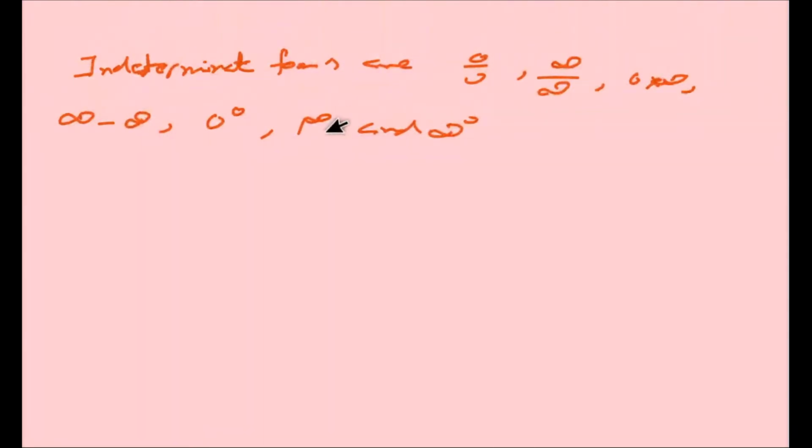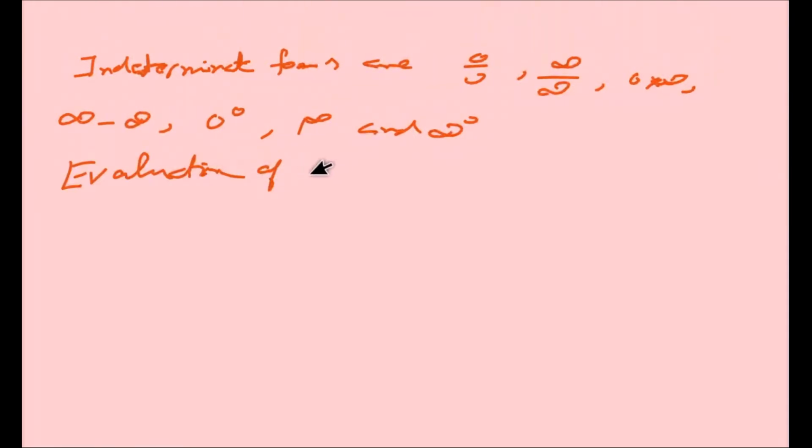These are all indeterminate forms. All these can be solved using the main form, 0 upon 0.